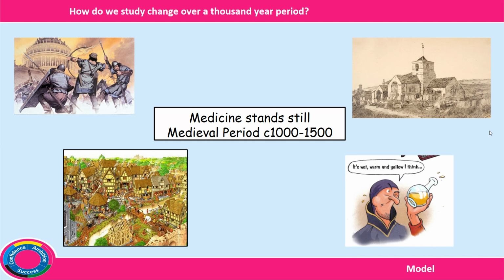So in this period, we look at the impacts of religion on medicine, how public health was virtually non-existent, with people drinking beer and wine as open sewers ran through the streets into the rivers and the drinking water. So this links in to what we looked at last session on Norman towns.